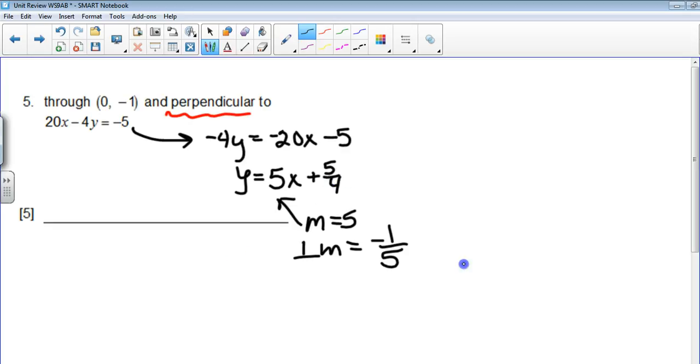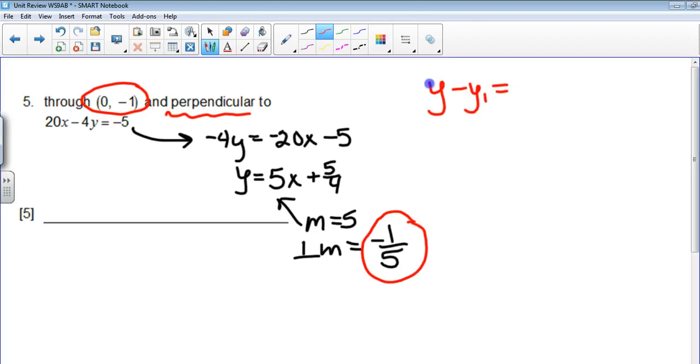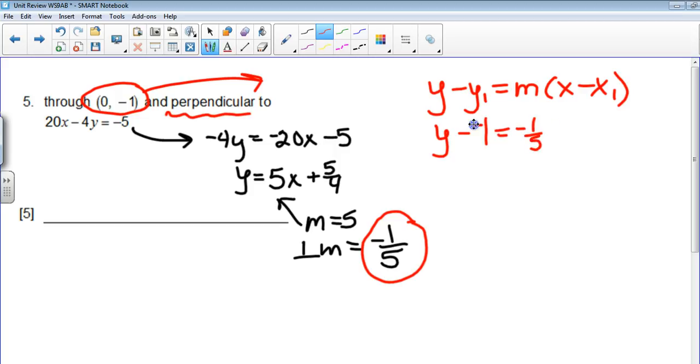Now, generally when we have a point and a slope for our new line, we could use point-slope. So we could put in from here the values for y1 and x1. Okay, we could also have done y equals mx plus b form.